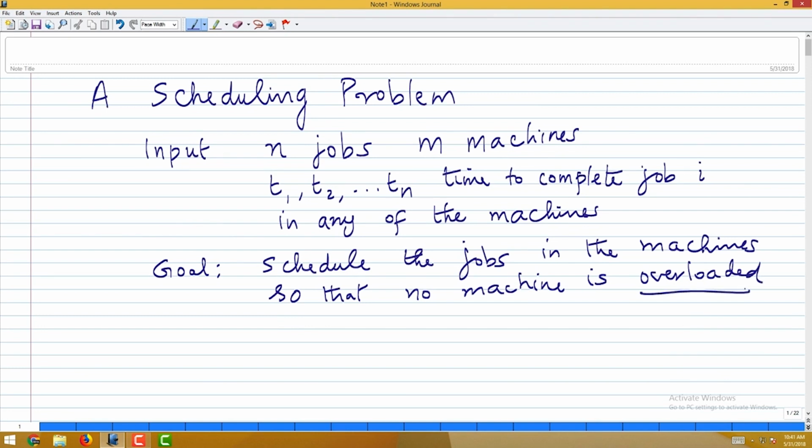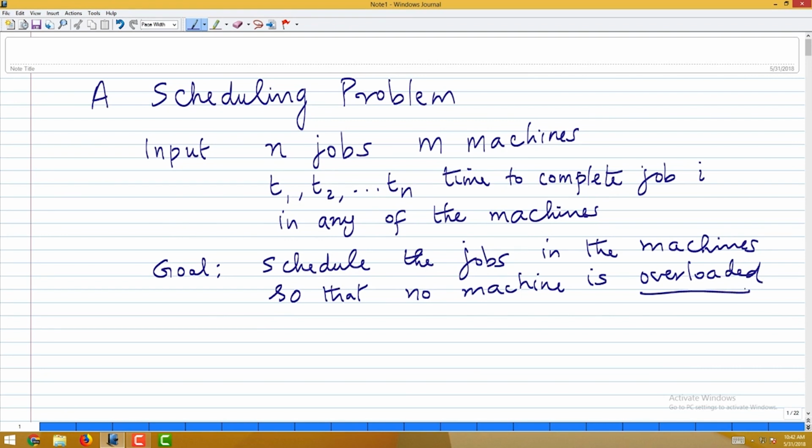So, what does that mean? What is the quantity we are trying to minimize? The total time some machine takes, right. So, you are going to assign these n tasks to the m machines and look at any of the machine and look at the overall time it is spending, that maximum time which we want to minimize. Okay.